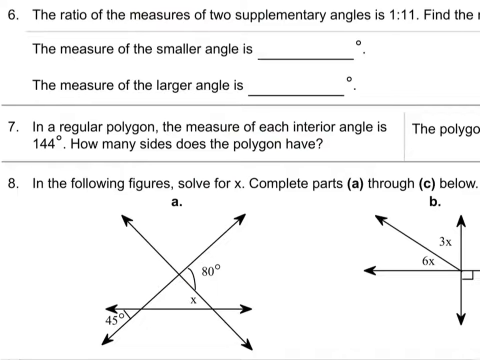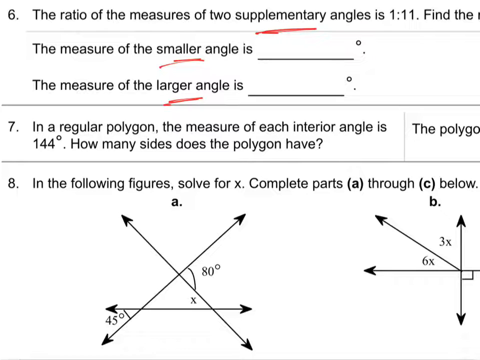The ratio of the measures of two supplementary angles is 1 to 11. Find the measure of the smaller angle and find the measure of the larger angle. So the ratio is 1 to 11, and they're supplementary.